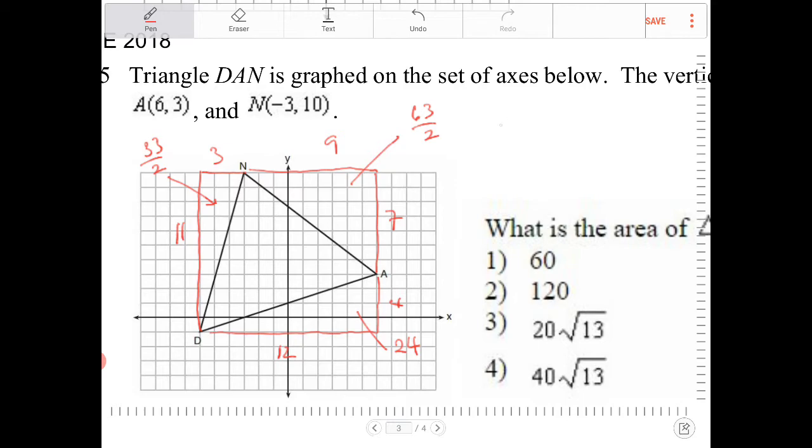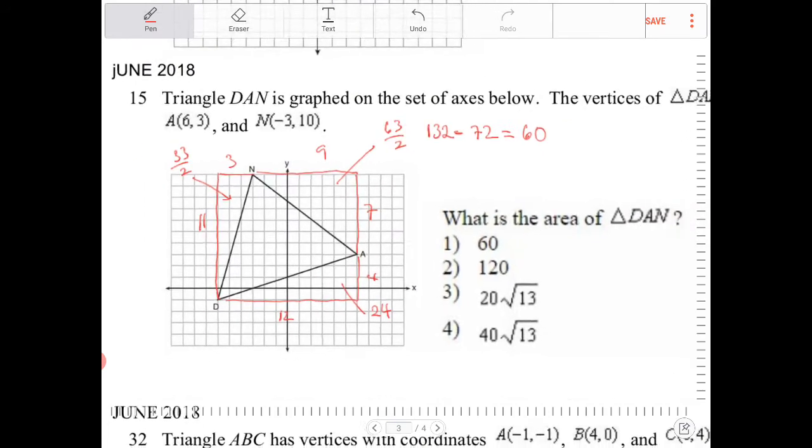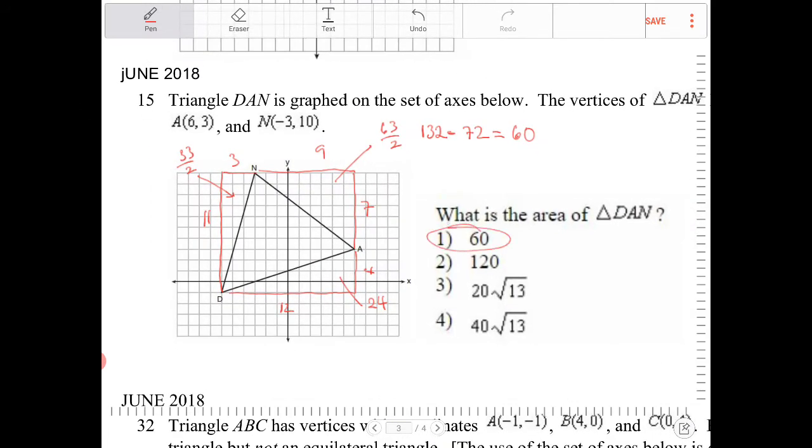So 48 plus 24 is 72. 72 is the area of all those triangles on the outside. I will need to subtract this from 11 times 12, which is 132. And if I perform that subtraction, that would give me 60. So the answer is 60.